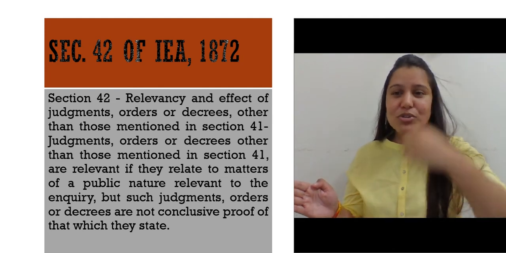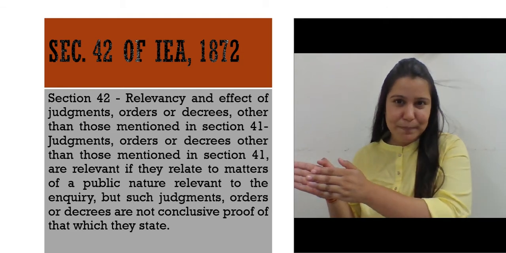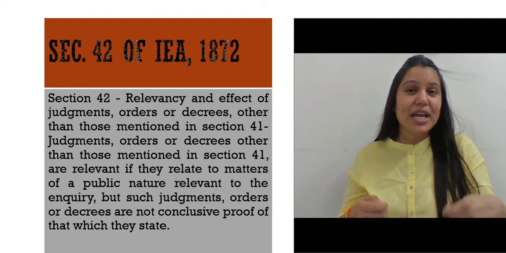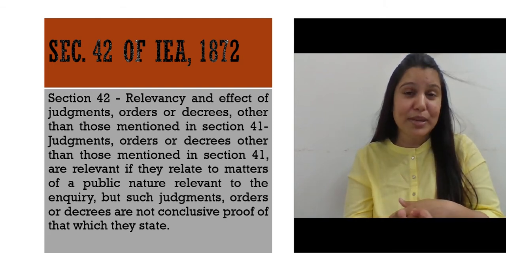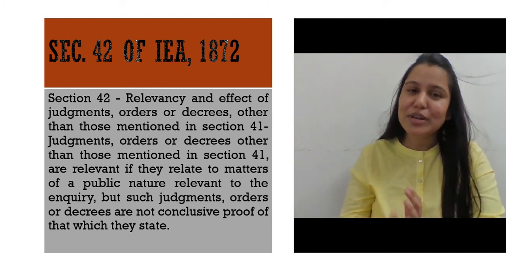You're getting my point? So here that previous judgment, order, or decree will be relevant here. So they can produce it as evidence. The other party can produce evidence by saying that no, there had been a previous case like this and it was declared as a public way. So it will be relevant. It will not be a conclusive proof, but it will be relevant in this case.